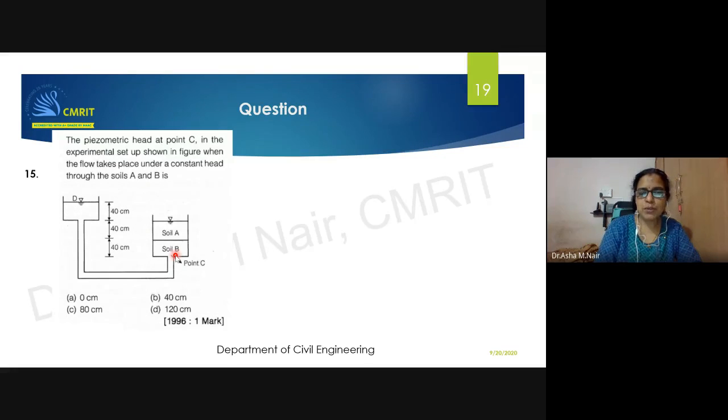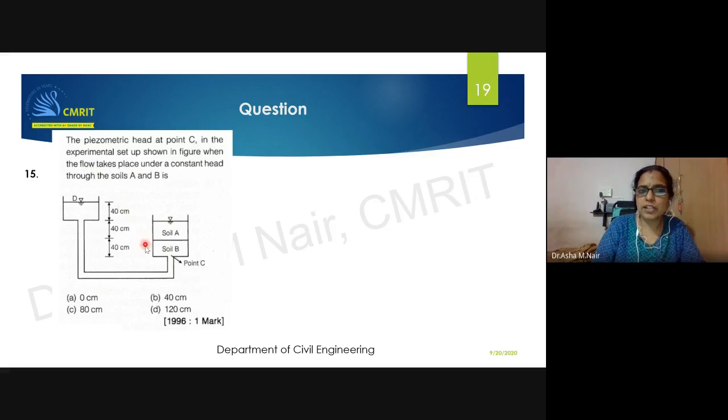You have to be very careful whenever you deal with this, because you are given the piezometric head for point C. Please note, you are not asked with respect to the free surface or anything, but with respect to point C, which is over here. What will be the head?